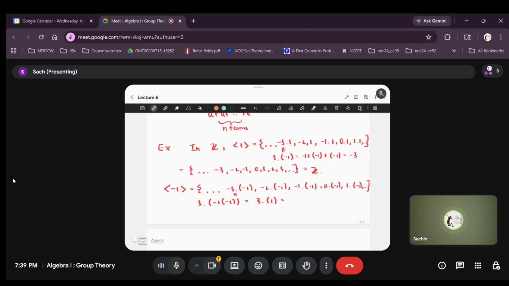So 3 times 1 is 1 plus 1 plus 1, which is 3. So this will be 3, 2, 1, 0, minus 1, minus 2, minus 3, which is the same as Z.